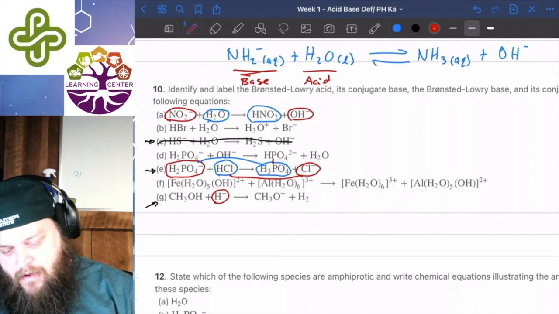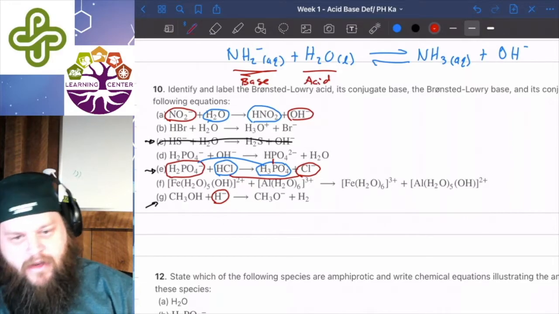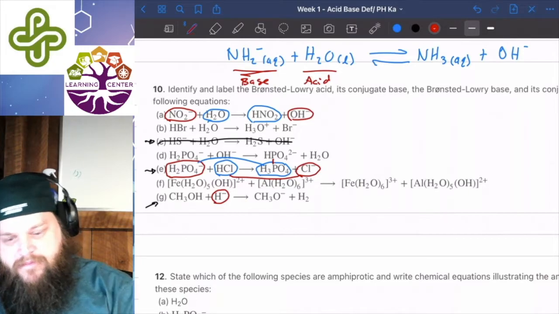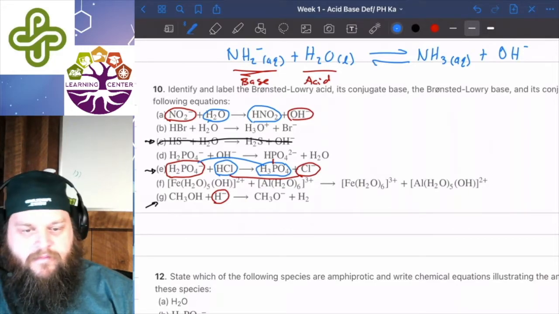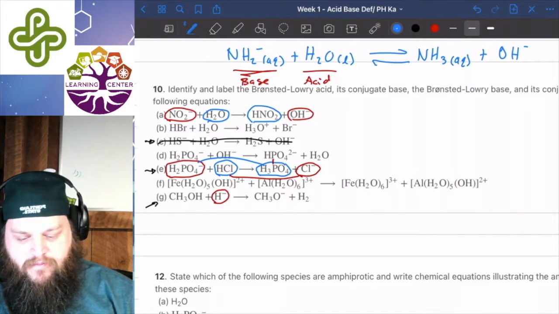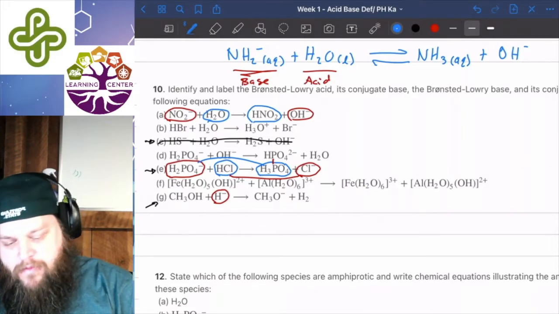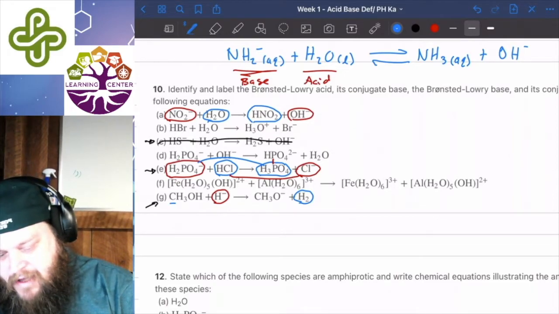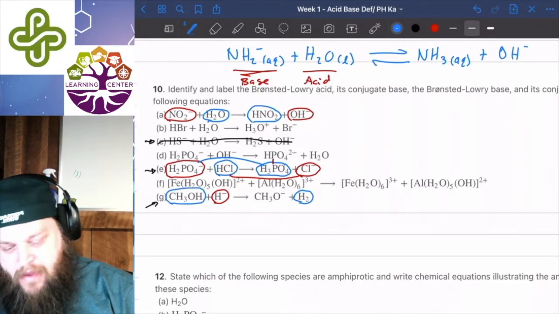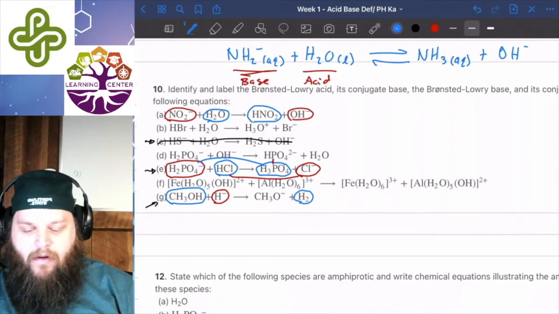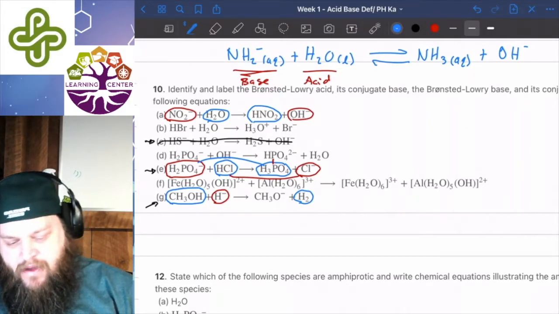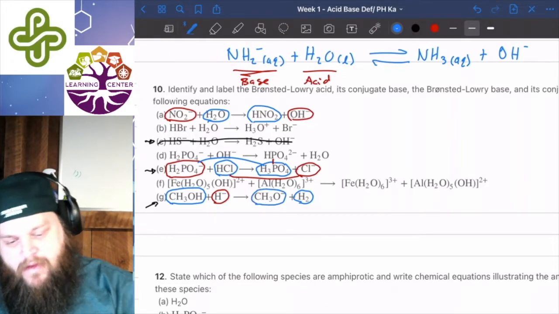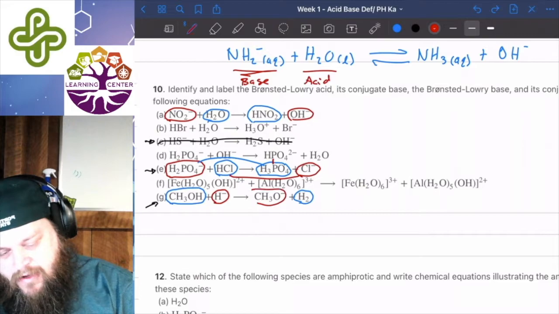And then what would the conjugate acid be of that? H2, perfect. So that makes CH3OH, which is methanol, our acid in this case. And this makes this guy here, oops, I should circle that in red, our conjugate base.